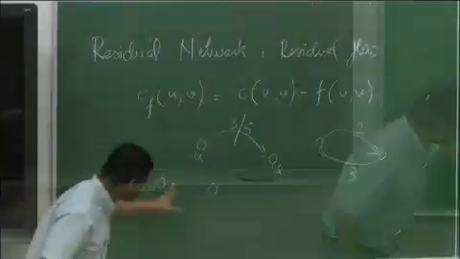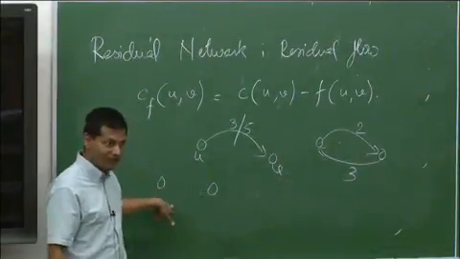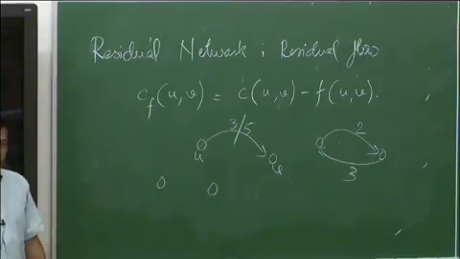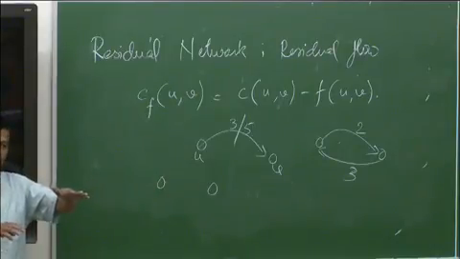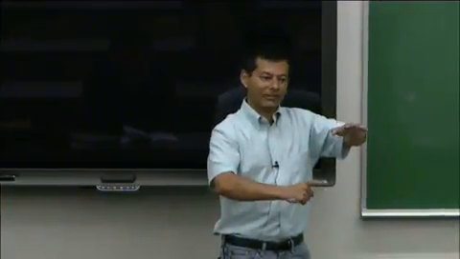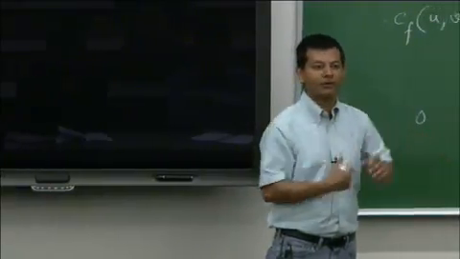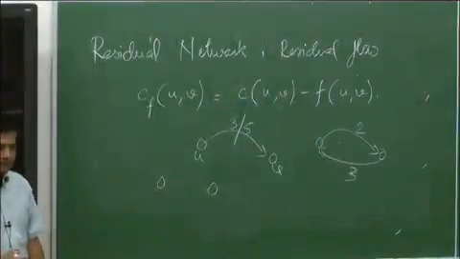So, the only flow you can have between 2 nodes which have a capacity of 0 both ways is the 0 flow. Once again this comes from skew symmetry, because just capacity does not stop you. You can have a negative number which is smaller than 0. It is just that as soon as you have that negative number, the opposite is a positive number that also has to be less than 0, and therefore, the only number you can get is a 0.